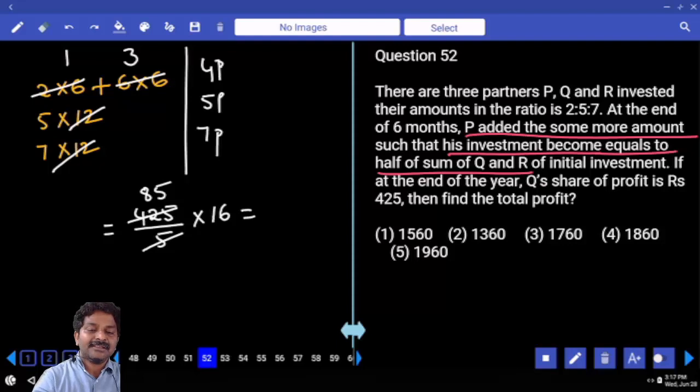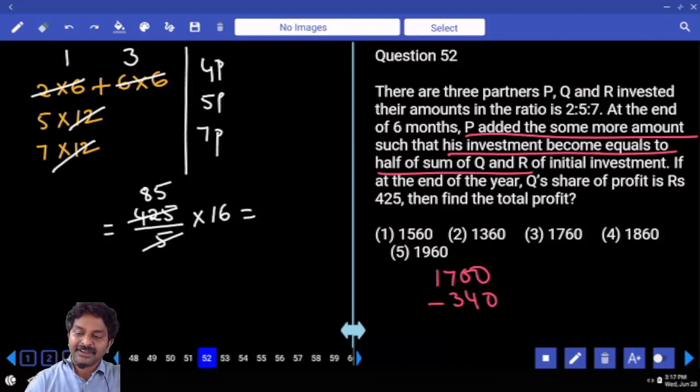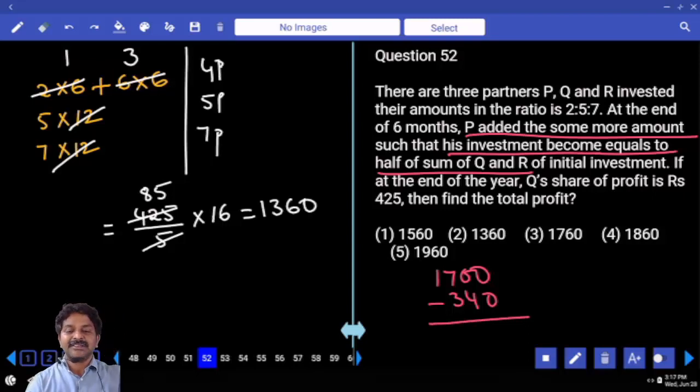Can I take 16 times as 20 times minus 4 times? 20 times in the sense 1700. 2 times is 170. 4 times is 340. If 340 is subtracted, the answer is 1360.